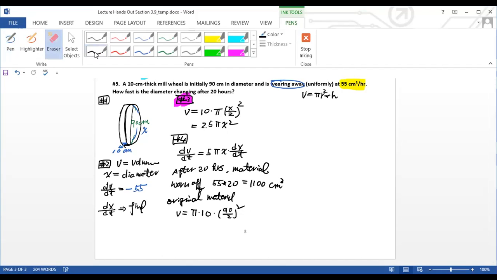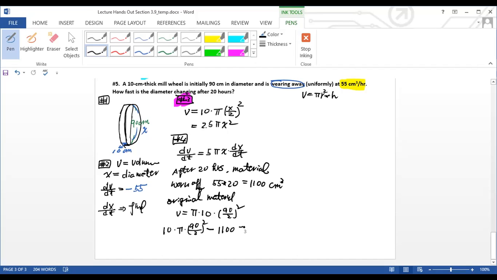Now how much is left after 20 hours? It will be 10 pi times 45 squared, minus how much worn off after 20 hours.